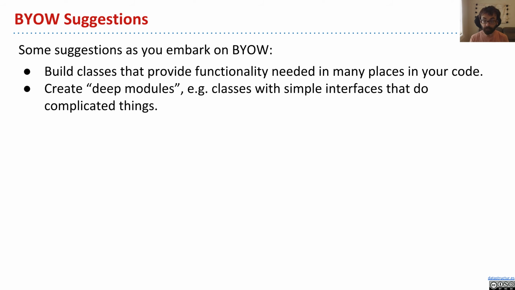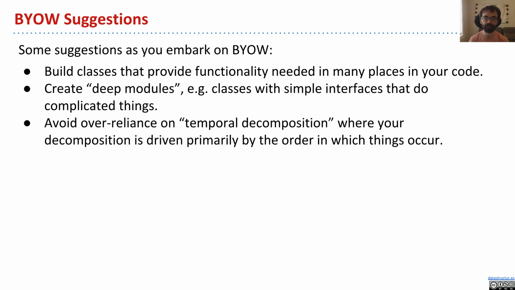They're, for example, classes that have simple interfaces that do complicated things. So if you're doing a room building algorithm or a world generation algorithm, you don't want to expose too many little nitpicky details to the layer above. You want simple interfaces that do complicated stuff under the hood, like KD trees, hash maps, and so forth.